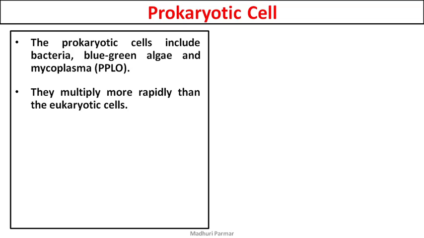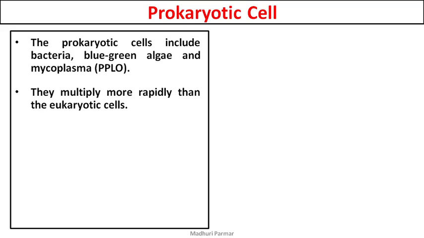Prokaryotes multiply more rapidly than eukaryotes. I'll give you an example. Let us take E. coli. Have you heard of E. coli? Escherichia coli. So this is a bacteria. This bacteria doubles every 20 minutes. So if you started with one bacteria, after 20 minutes you have two. After 20 minutes you have four.